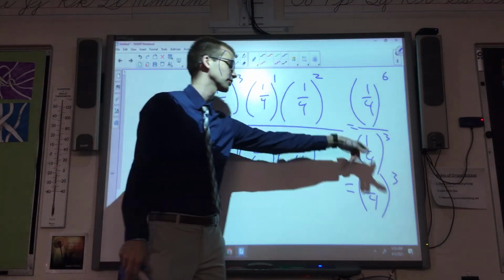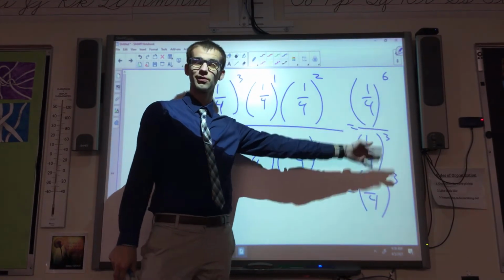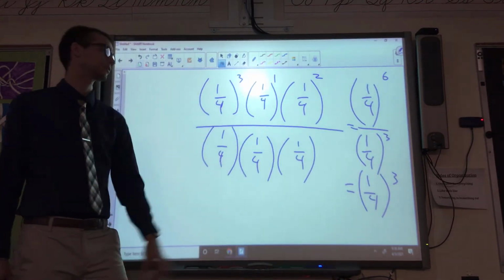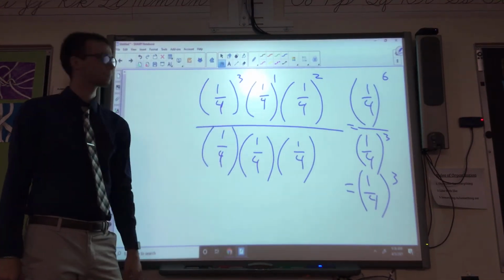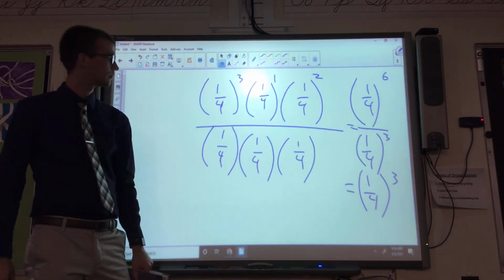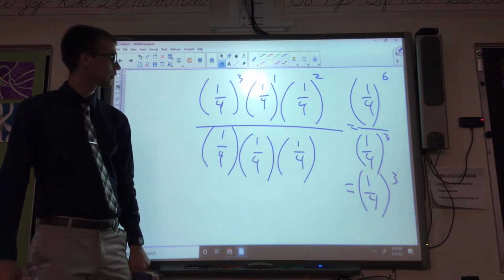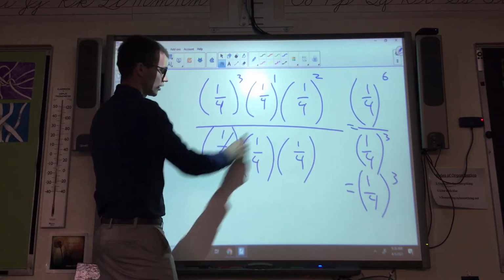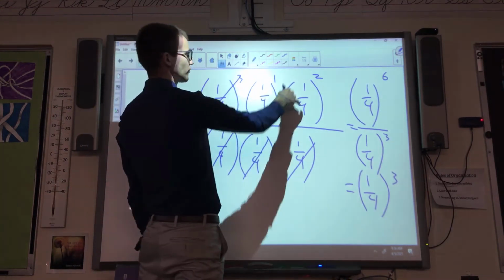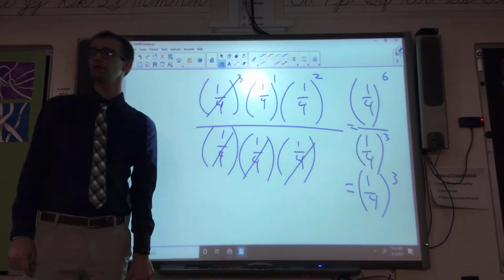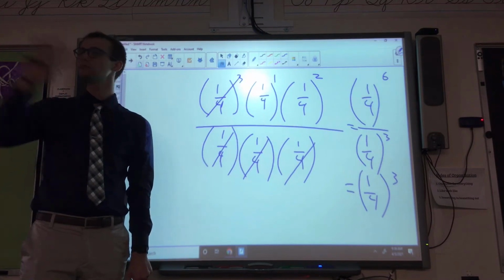Emma didn't put the parentheses there, so she technically would have 1 to the 3rd power over 4, which is not the same thing as 1 over 4 in parentheses to the 3rd power. It would have taken just 2 seconds if you crossed out the bottom and then crossed out 1 to the 3rd. So you could have gone 1, 2, 3. There's 3 of them. Hey, look, I got 1/4 to the 3rd power. Could you just do that right away? Yeah, absolutely, you can do that right away.